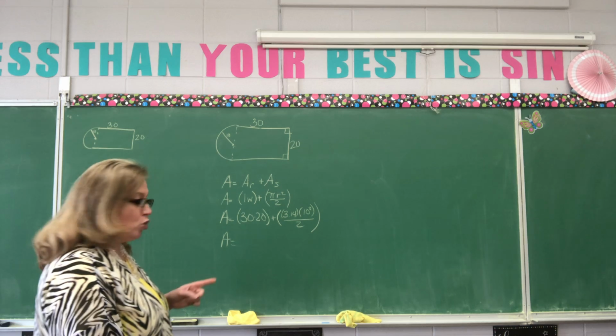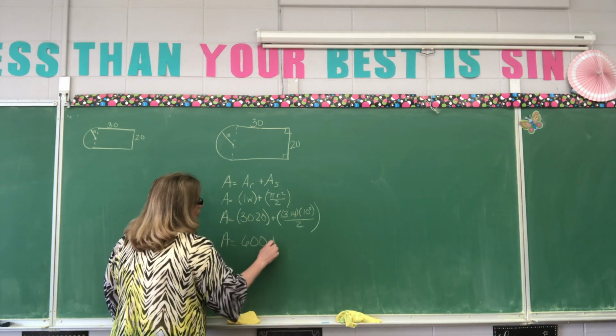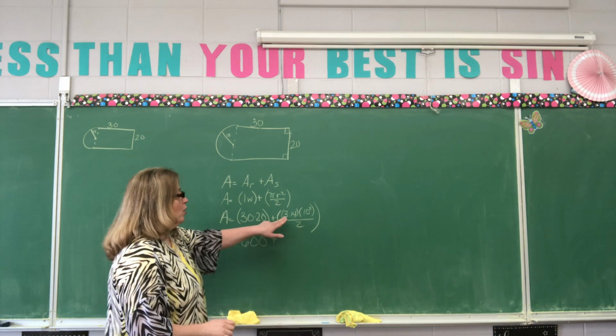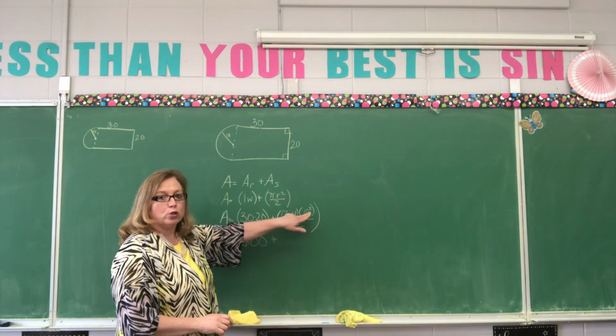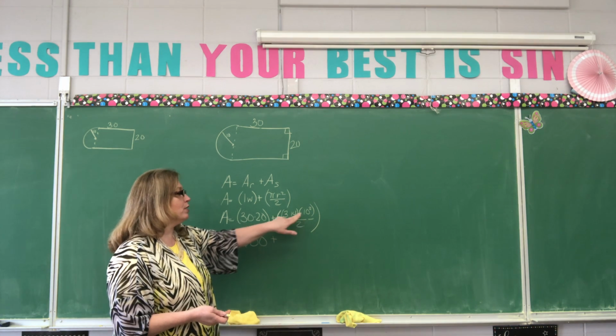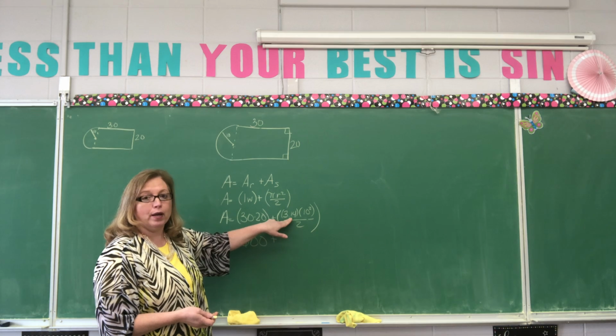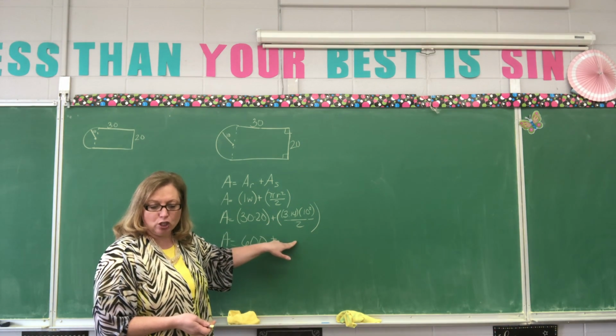30 times 20 is 600. Now, before I can multiply 3.14, I have to square. So, square 10, that is 100. So, 100 times 3.14, and then I'm going to divide it by 2.